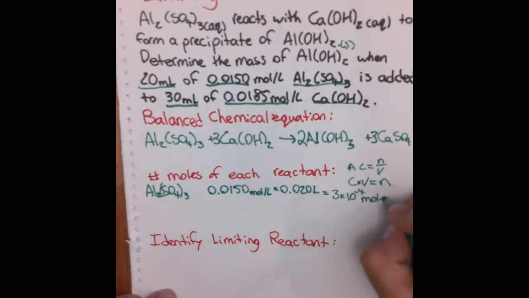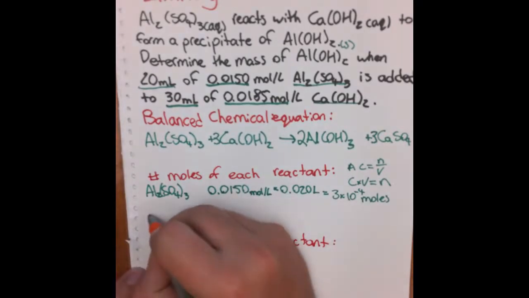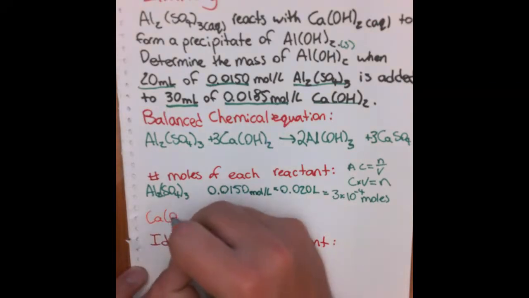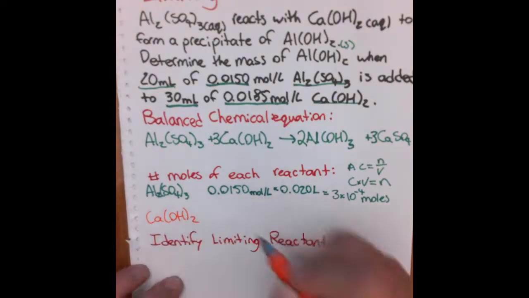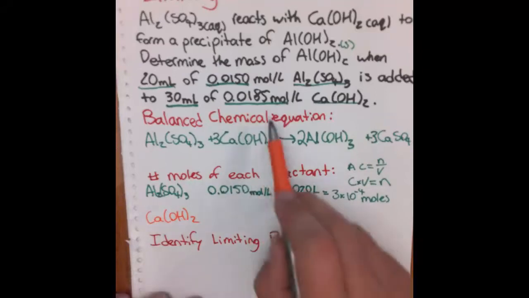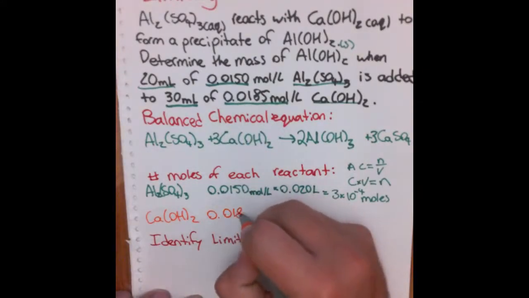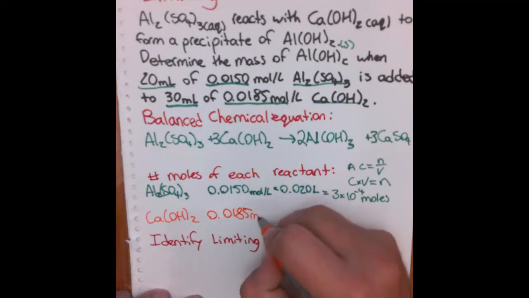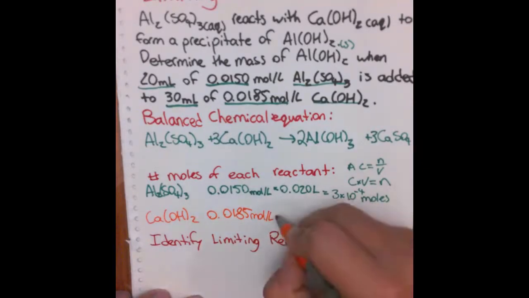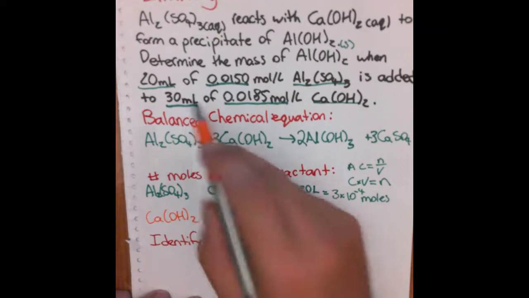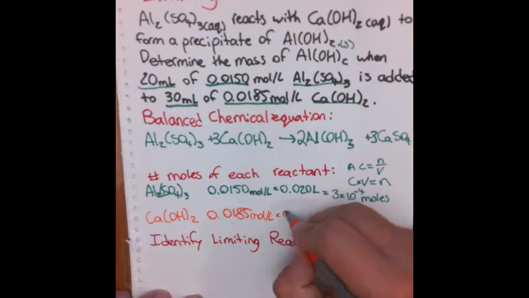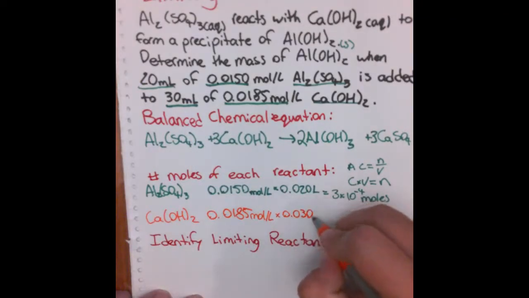All right, and I'll just switch colors here for our calcium hydroxide. Our Ca(OH)2 has an initial concentration of 0.0185 moles per liter. We're going to multiply that by our 30 milliliters, which is 0.030 liters.